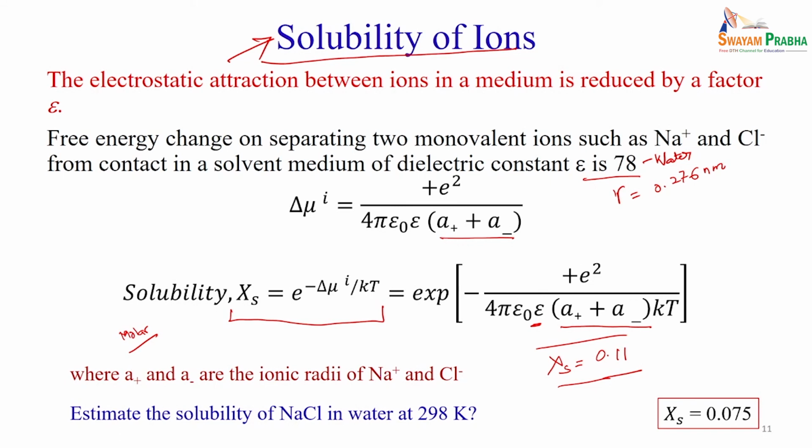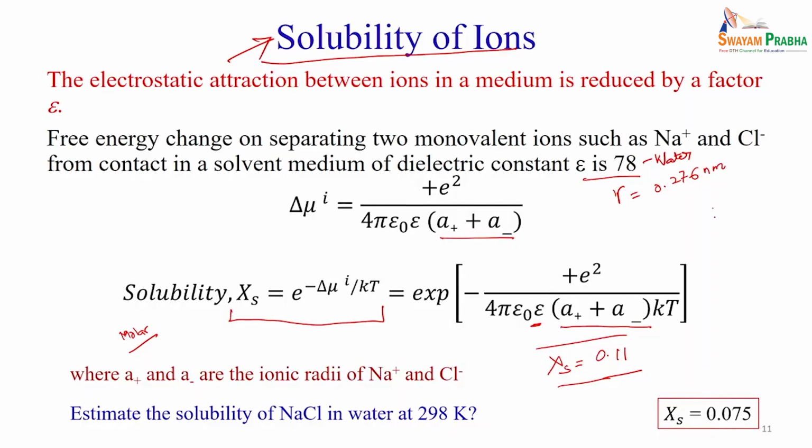It means if we put NaCl in a different medium with a different dielectric constant, and plot log of Xs versus 1 upon epsilon, you should get a straight line. And if you get the straight line, you should also be able to back calculate the interatomic distance between Na plus and Cl minus.